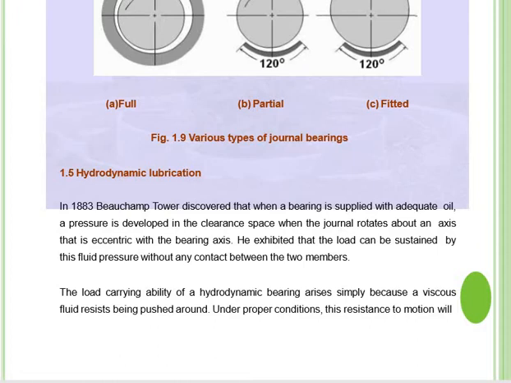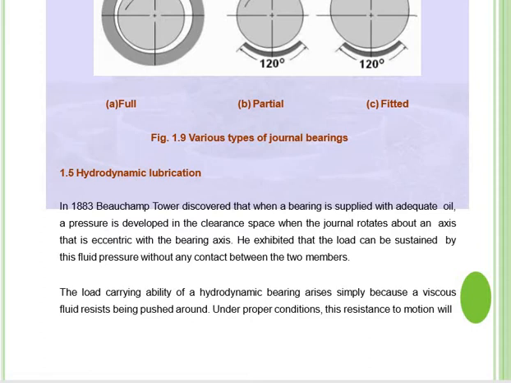The journal rotates with its axis eccentric to the bearing axis. He showed that the load can be supported by the fluid pressure without any contact between the two members. There is no contact, but eccentricity is there, and in that eccentricity the journal rotates in the bearing.